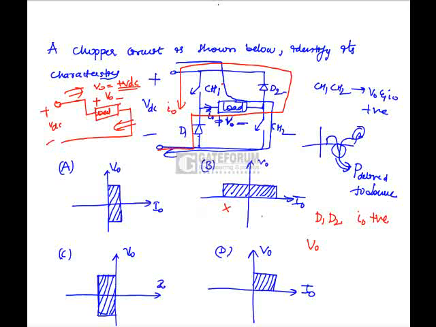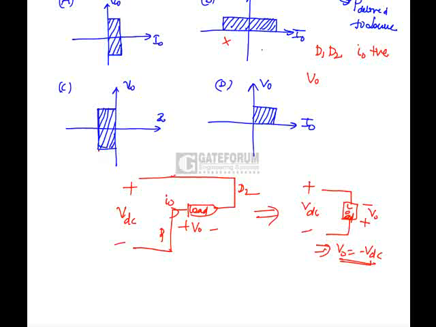In this option also I0 is negative at this point of time, so this option is also wrong. This operation is not at all correct because there is reverse direction of voltage; here we have only one direction of voltage. So in option A, V0 is positive when CH1 and CH2 are conducting, negative when diodes D1 and D2 are conducting, and I0 is always positive. So option A is the correct answer.